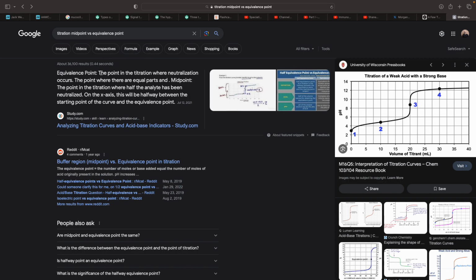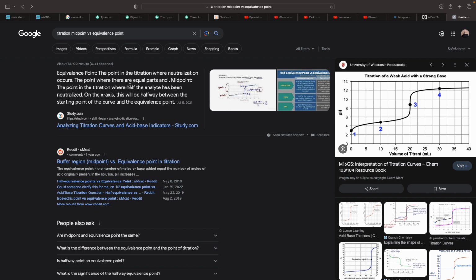Equivalence point is the point in the titration where neutralization occurs, the point where there are equal parts, and midpoint is the point in the titration where half the analyte has been neutralized. So in equivalence, it is completely neutralized, right?